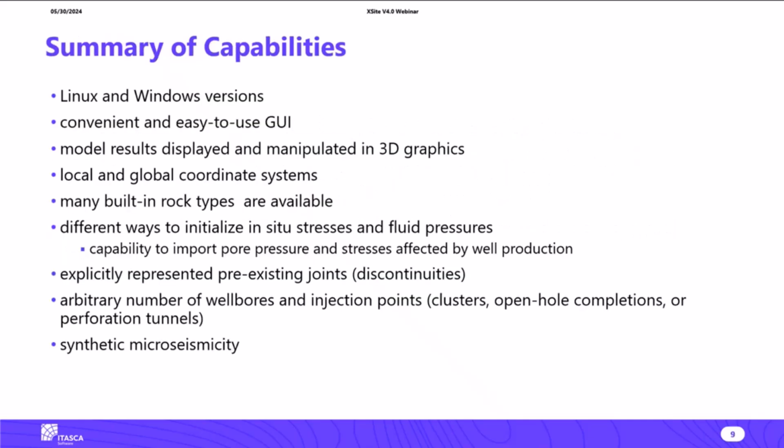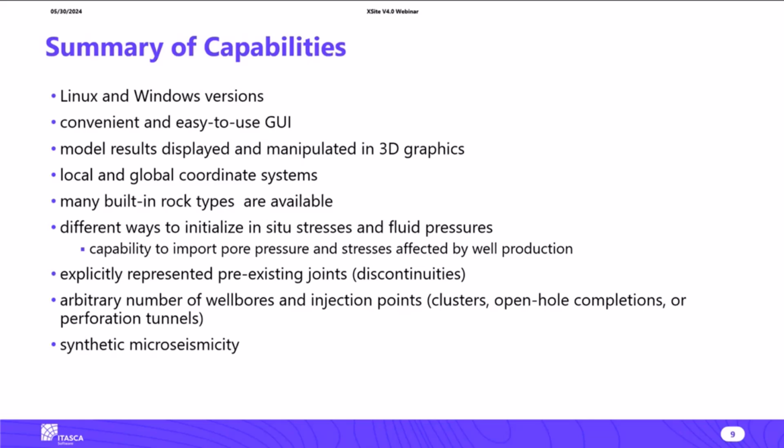In the next few slides, I'll go through a summary of the ExSite capabilities. ExSite has both Linux and Windows versions. The Linux version is typically used to take advantage of high performance computing centers. ExSite has a convenient, easy to use GUI that allows relatively fast creation of models and interactive use of the code.